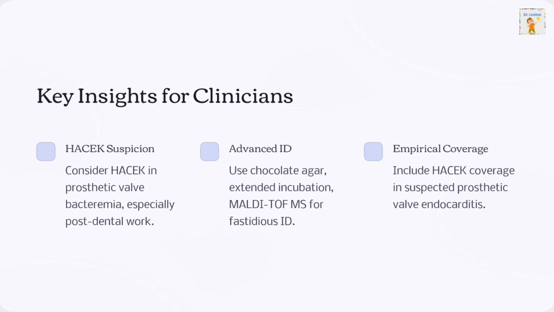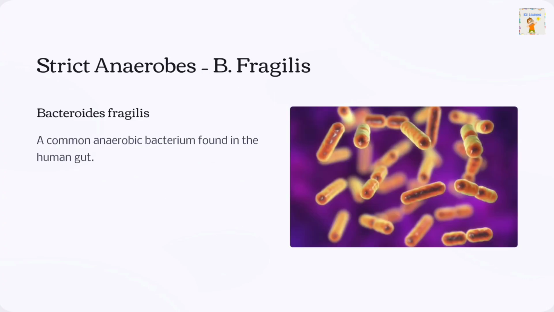And empirical therapy should be considered if we are suspecting HACEK organisms. Now there are some strict anaerobes like Bacteroides fragilis, which can be found in the human gut, and they are commonly seen in patients who have advanced diabetes, complicated abdominal surgeries, or who are immunosuppressed.